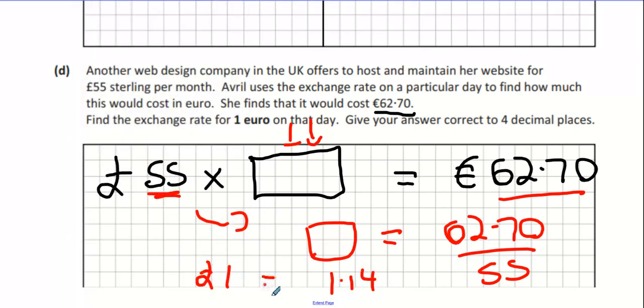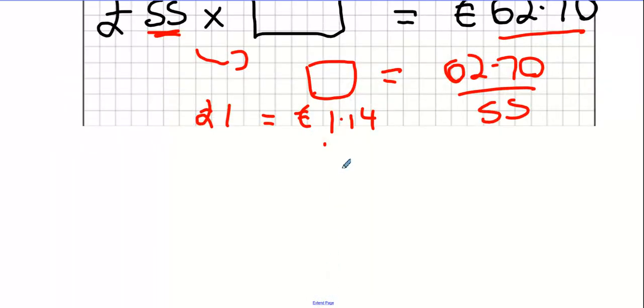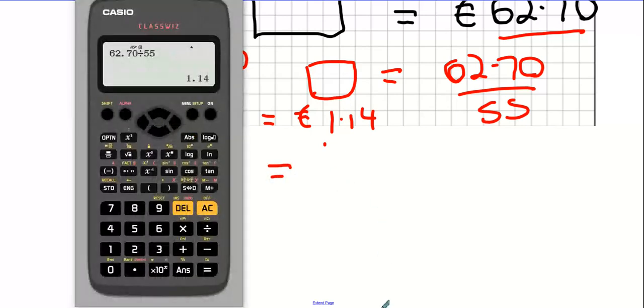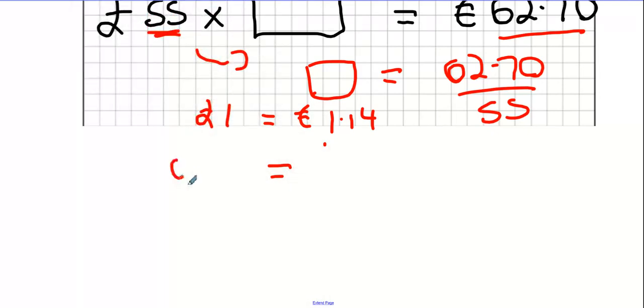Oh, and do you know what I did wrong there? I got £1. I didn't get €1. So if I divide both sides by 1.14, I can find out that sterling was 0.877. Just divide both sides by 1.14.